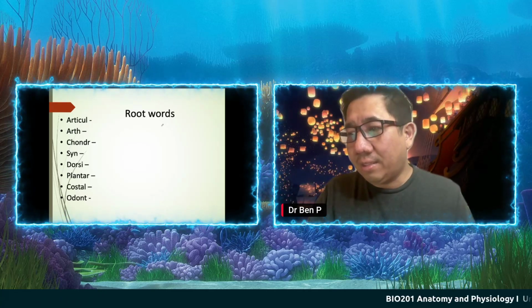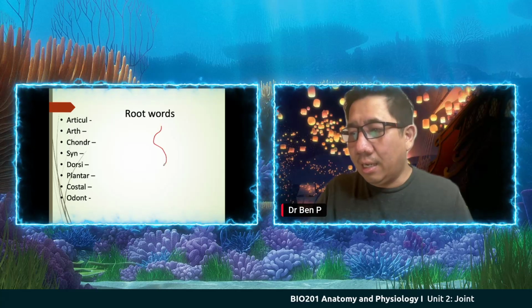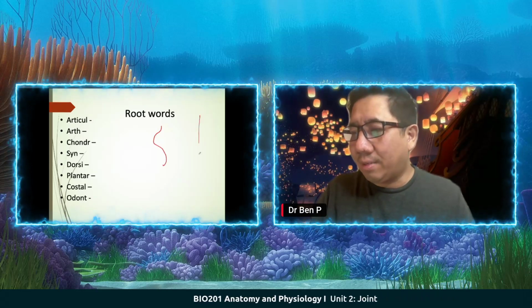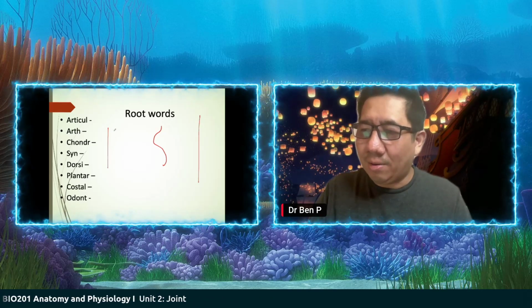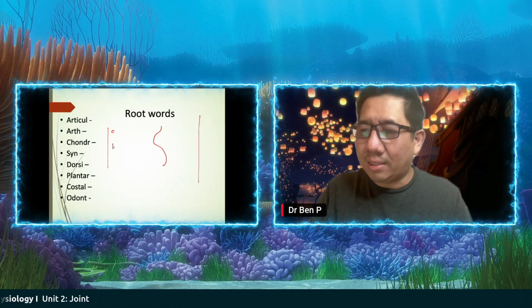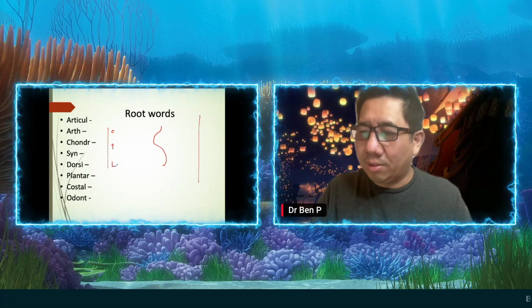Your spine has three sections. You have the cervical, the thoracic, and the lumbar. Those are the three sections.